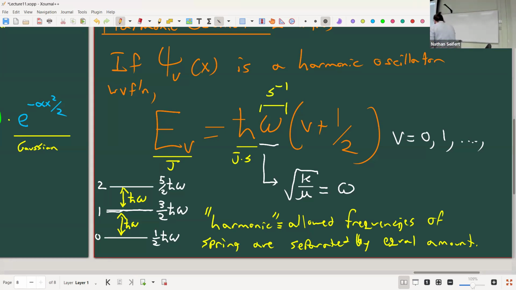It's a frequency, just like we expect. It's per second. So again, every bond, every molecule has a fundamental tuning to it, h bar omega, and every allowed frequency of that bond is an octave of that fundamental.